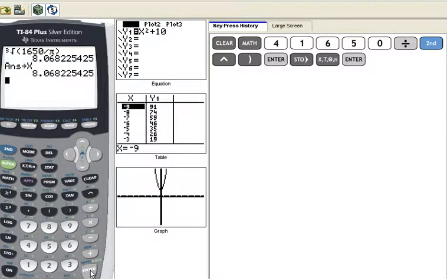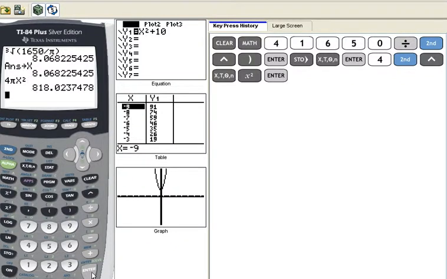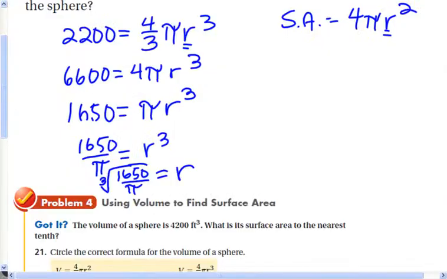Now all I need to do is do 4 pi x squared, because I stored that in x. And then I'm just going to round that to the nearest whole number.